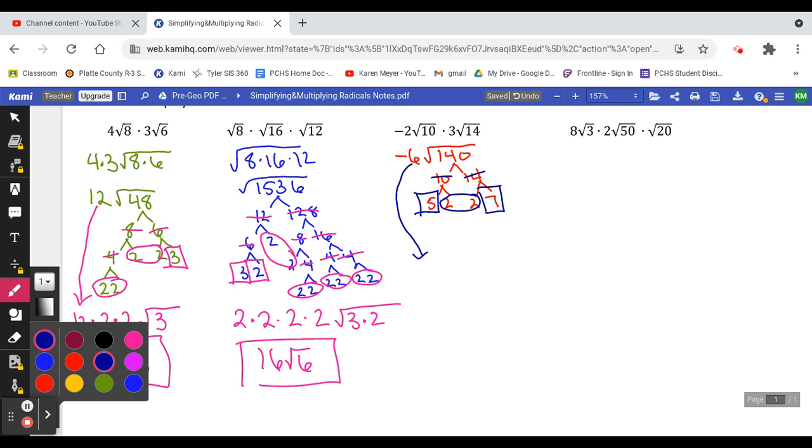Don't forget your number in front. So we had a negative 6 in front. Multiply that by 2. And then inside the root, we're going to take 5 times 7. So final answer should be negative 12 square root of 35. Boom. Okay, pause the video and try the next one by yourself.